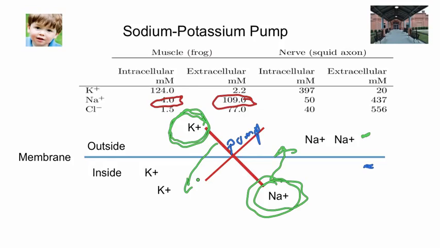The boys and the girls may not want to be separated. But in this case, the pump grabs one of the boys and flings him outside. There he goes. Then at the same time, it grabs one of the girls and flings her inside. The membrane then is the wall by which they are separated, and the pump is the police that ensures that that remains the case.